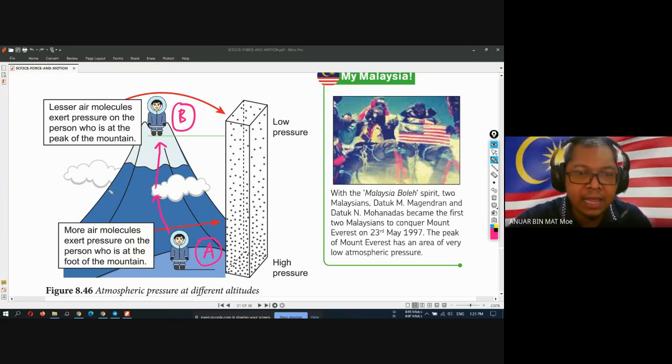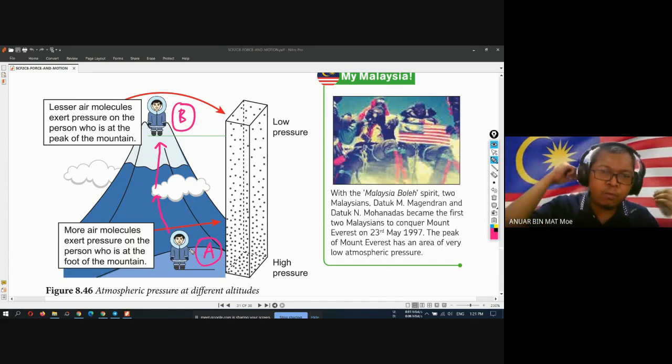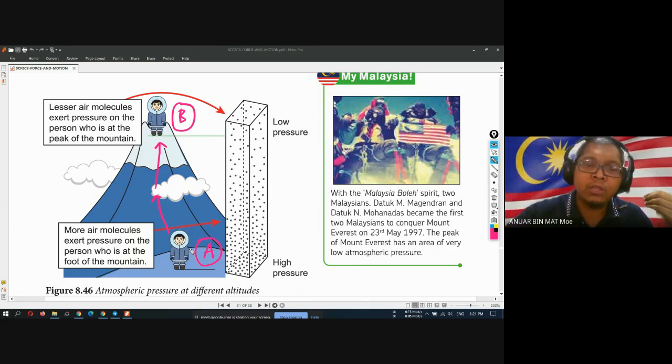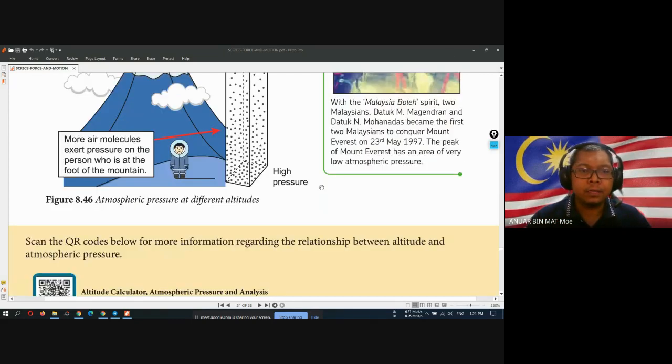If you are at location A, the pressure is equal. Outside same pressure, inside our body also same pressure. But when you go higher, it will try to equalize the pressure. Then you will feel uncomfortable inside your ear. All right? Can you understand this? Okay. Next one.